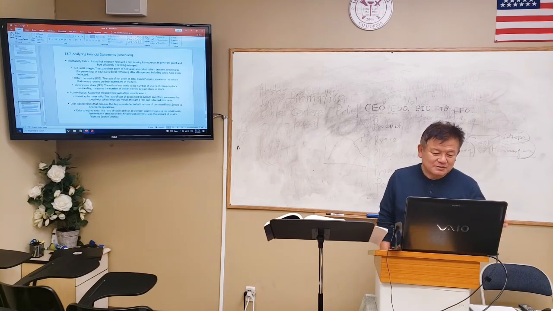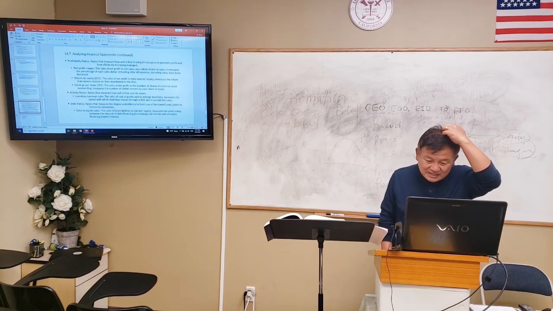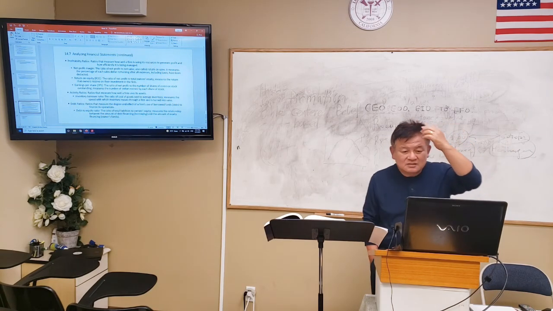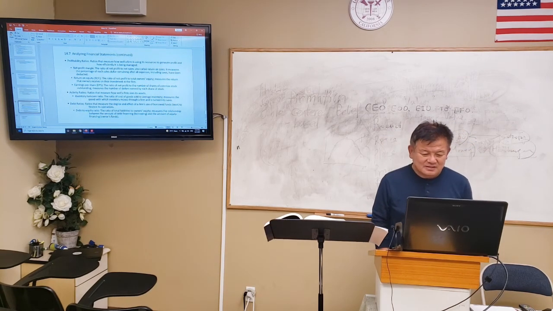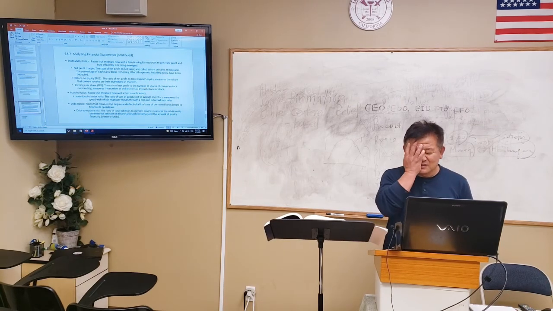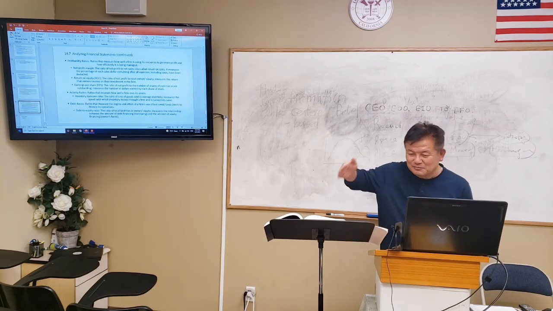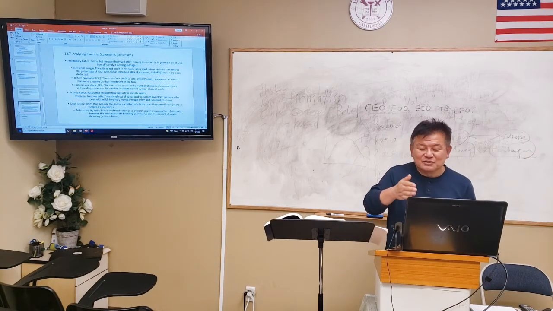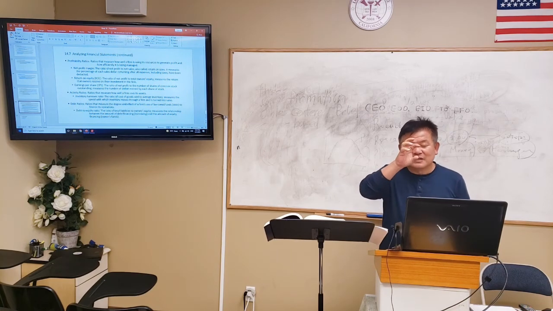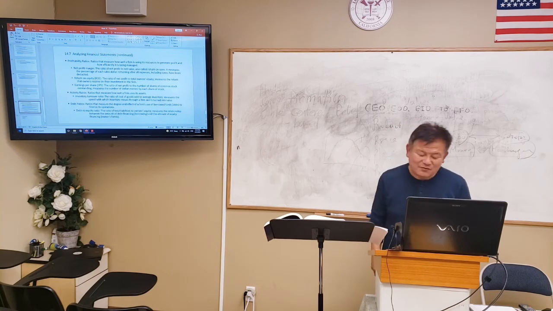But a profitability ratio example is net profit margin. How much is the net profit margin? It's the ratio of net profit to net sales, or it's called return on sales. So simply I say that if you want to study accounting, you have to know these definitions, lots of definitions.